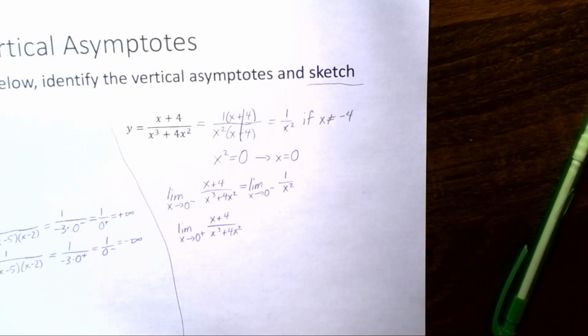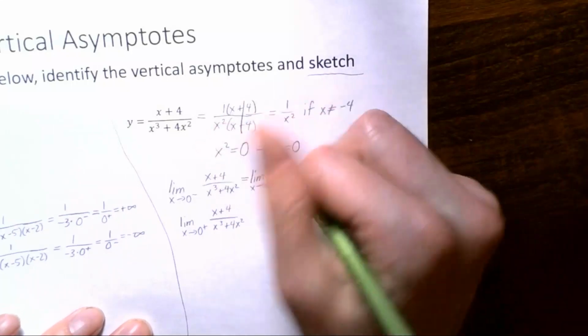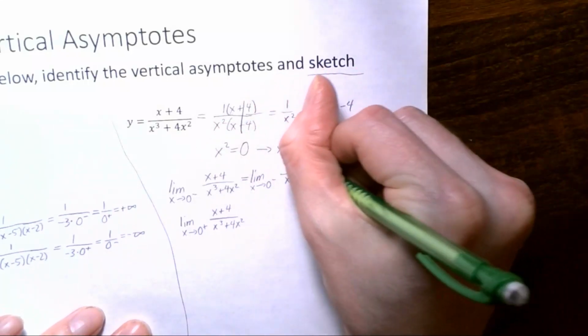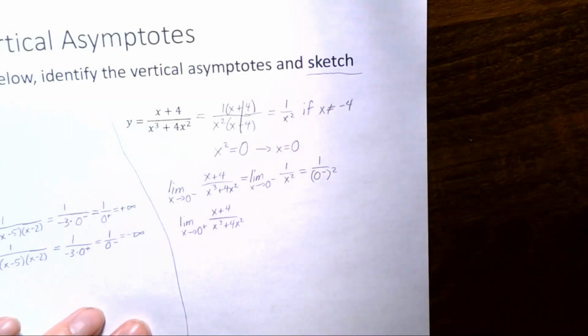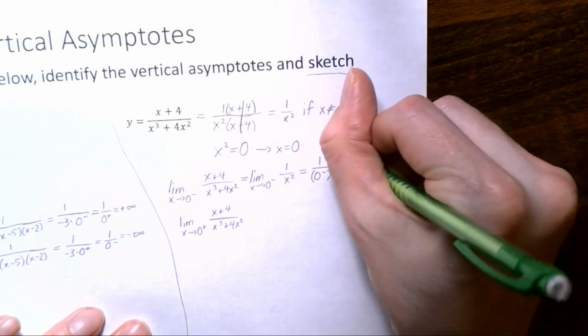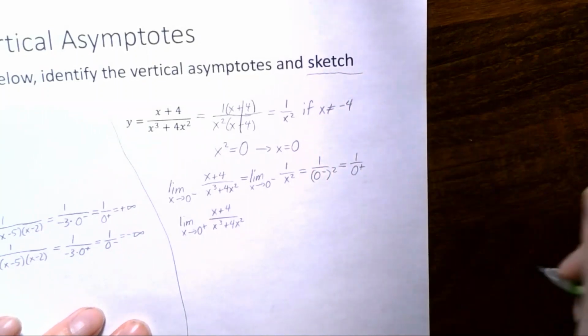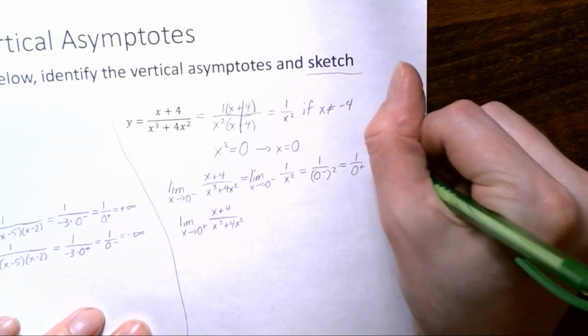In the case of limits, I'm almost always going to want to reduce any rational functions I have, so I've reduced it to what I had before, and that is 1 over x squared. So plugging into that gives me 1 over 0 minus squared. Noting that a negative times a negative is a positive, this becomes 1 over 0 plus, which is positive infinity.